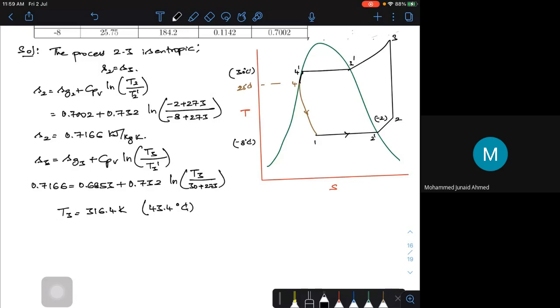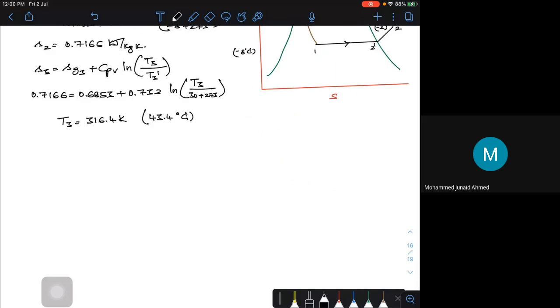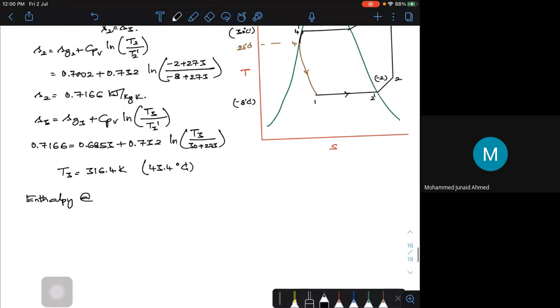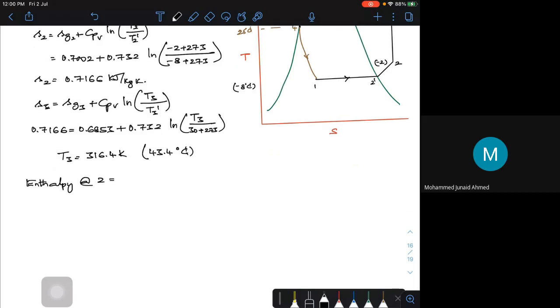Now, I need to find the refrigerating effect, the enthalpies, all those things. So let's find the enthalpy at each and every point. Enthalpy at point 2: H2 is equal to Hg2 plus Cp of vapor into T2 minus T2 dash.